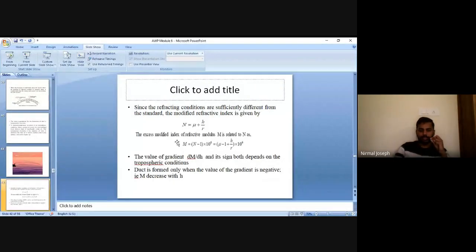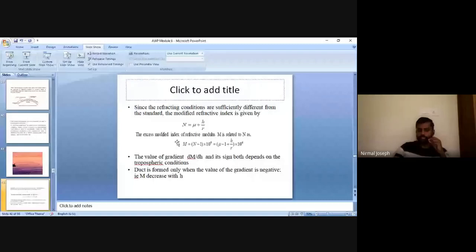So why we are calculating this is that we have to find the gradient of M. That will give us an idea about the ducting phenomenon. The value of the gradient, dM/dh, or the variation of the refractive modulus M with respect to height, and its sign both depend on tropospheric conditions. A duct is formed only when the value of the gradient is negative. That means M should decrease with h.